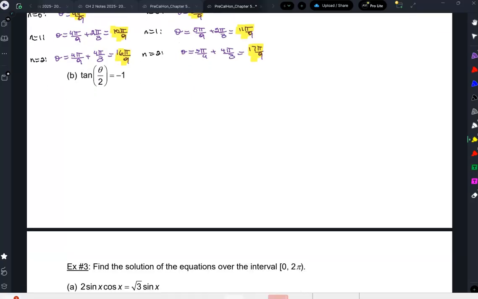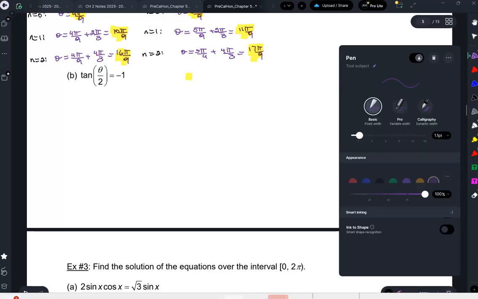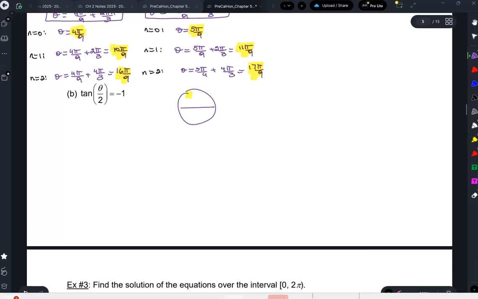Okay, take a look at this one. So where is tangent equal to -1? At 3 pi over 4 and 7 pi over 4. So I say theta over 2. Okay, let me draw that. So here and here, 3 pi over 4 and 7 pi over 4. So theta over 2 is equal to 3 pi over 4 and 7 pi over 4.